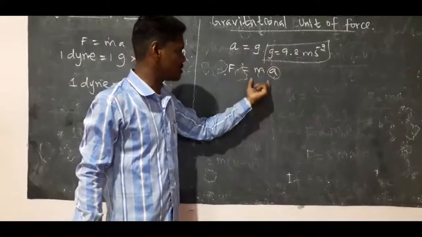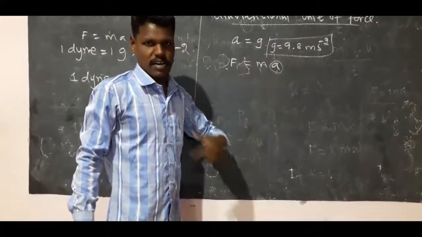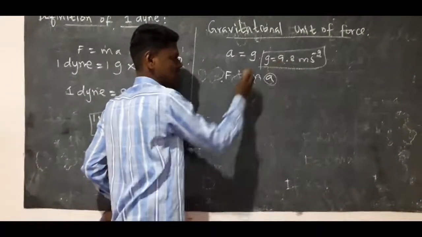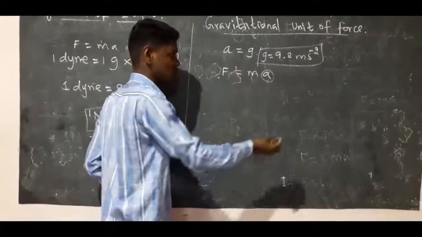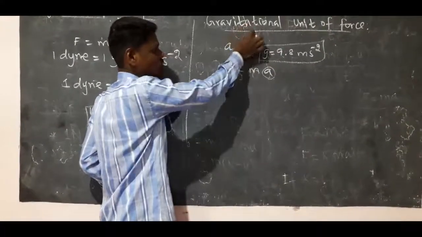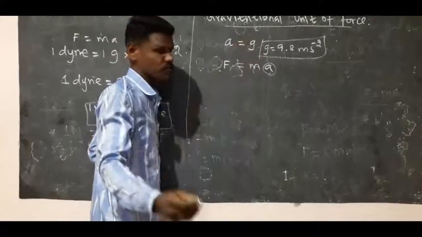To get this value, what we do is we accelerate. So when we accelerate to get this 9.8 meter second minus 2, that force is nothing but a gravitational unit of force.